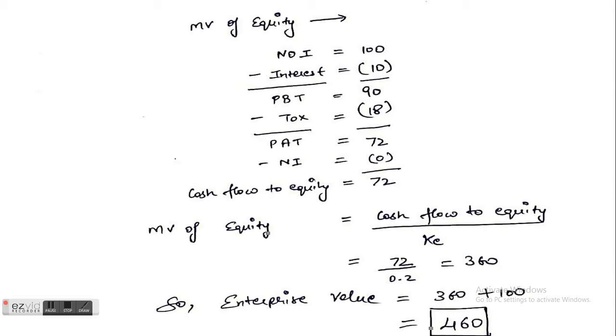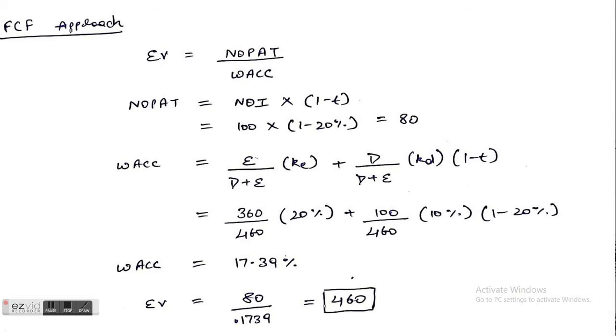The next approach that we will use is the free cash flow approach. In this approach, we will see how the enterprise value can be found out directly without valuing the debt and equity separately. The formula we'll use is that enterprise value is equal to NOPAT divided by WACC, where WACC is weighted average cost of capital and NOPAT is net operating profit adjusted for tax.